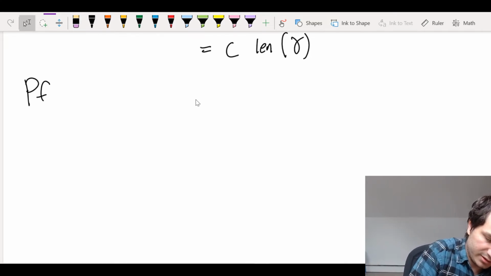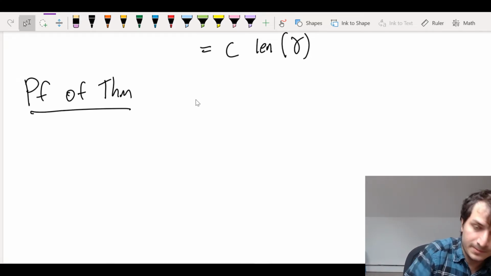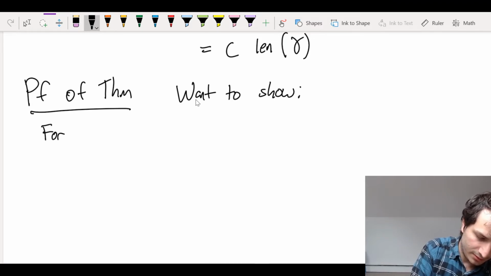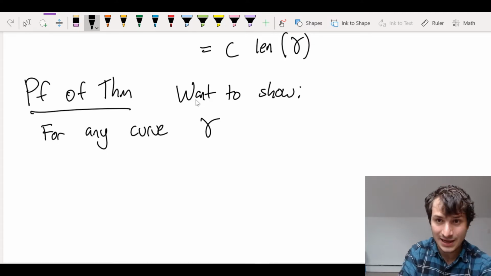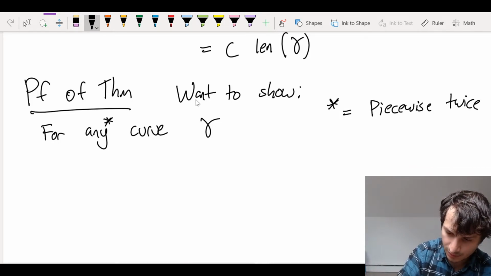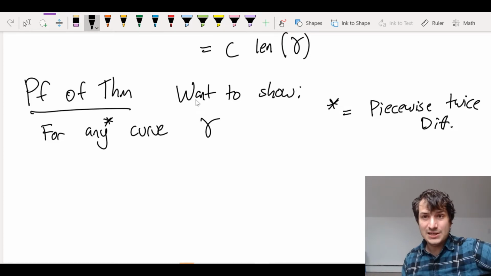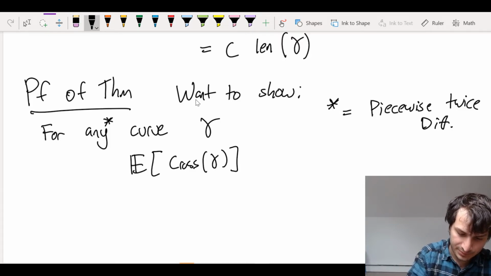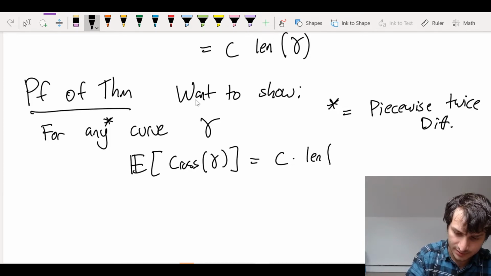We want to show for any curve gamma, and any is going to mean piecewise twice differentiable, for any piecewise twice differentiable curve, that the expected value of the number of crossings of gamma equals c times the length of gamma.